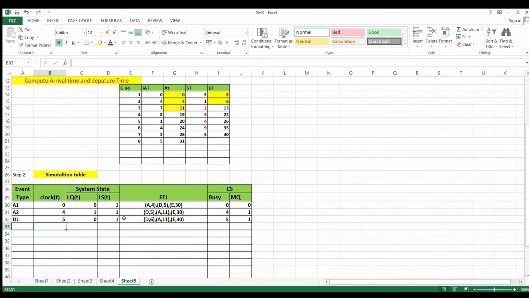Next minimum is 6. Event type is departure, D2. So no customer in the queue, no customer in service. We remove the departure, which means add the next departure.